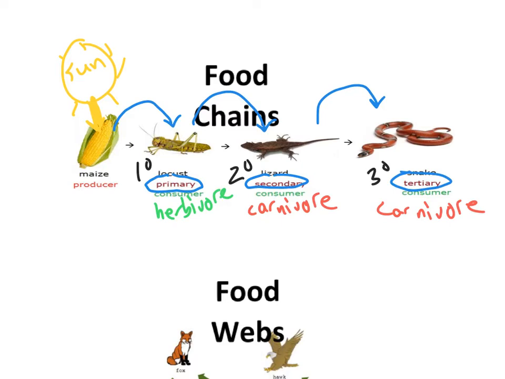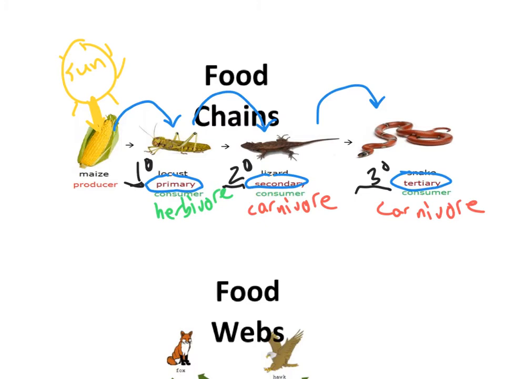So we mark them with a 3 and a degree sign for tertiary, a 2 with a little degree sign above it for secondary, and a 1 with a little degree sign above it for a primary consumer. You'll see those again and again in examples of food chains.